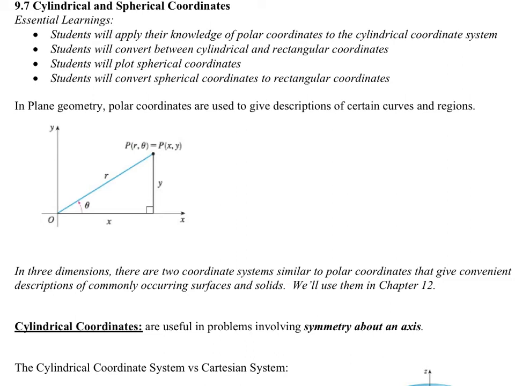If you have this diagram drawn, you have cosine of the angle written as x divided by r, and you could convert that to x is equal to r cosine theta. If you do the same thing with sine of theta, you get y is equal to r sine of theta.